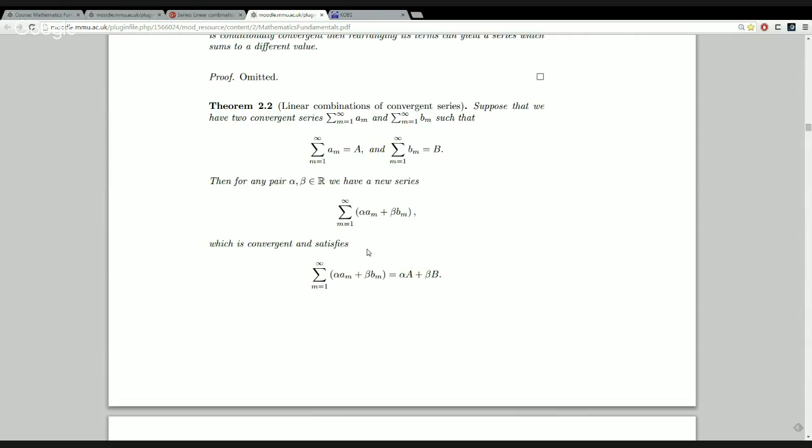This infinite sum here is a bit of a strange object you have to handle carefully. It's an infinite series. It only has a value if it's convergent, and the value of it is defined as a certain limit. But this sum here in the brackets now is just a plain old boring finite sum. It's just a finite number of numbers added together, and they're multiplied by these coefficients alpha and beta.